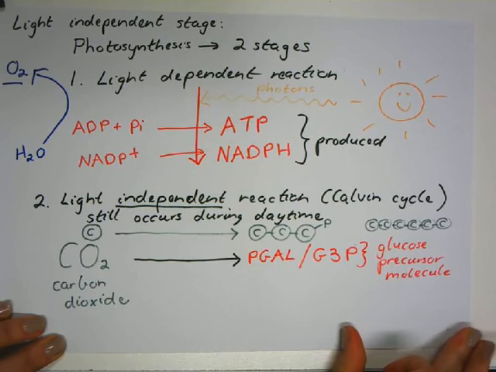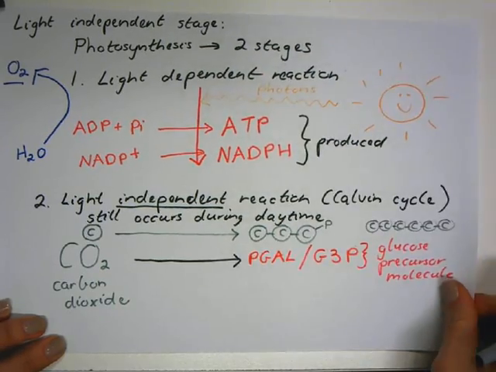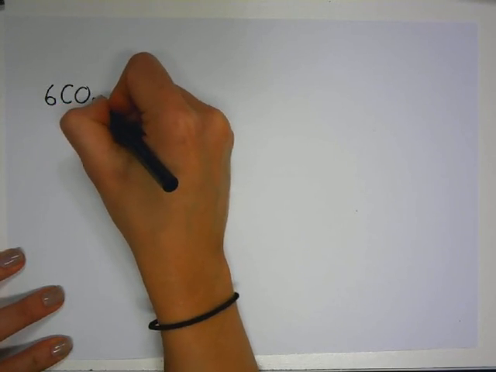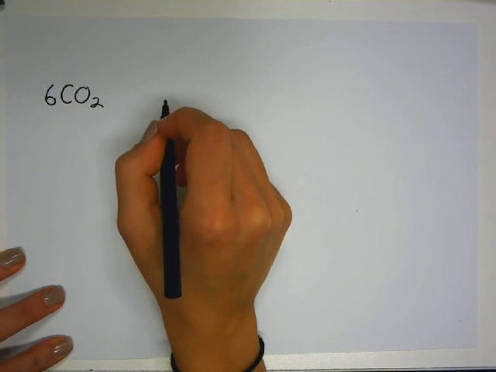So let's go into this in a little bit more detail, and let's actually discuss the Calvin cycle. The Calvin cycle begins with 6 carbon dioxide molecules. I'm only using 6 because it ends up making the whole process much neater.